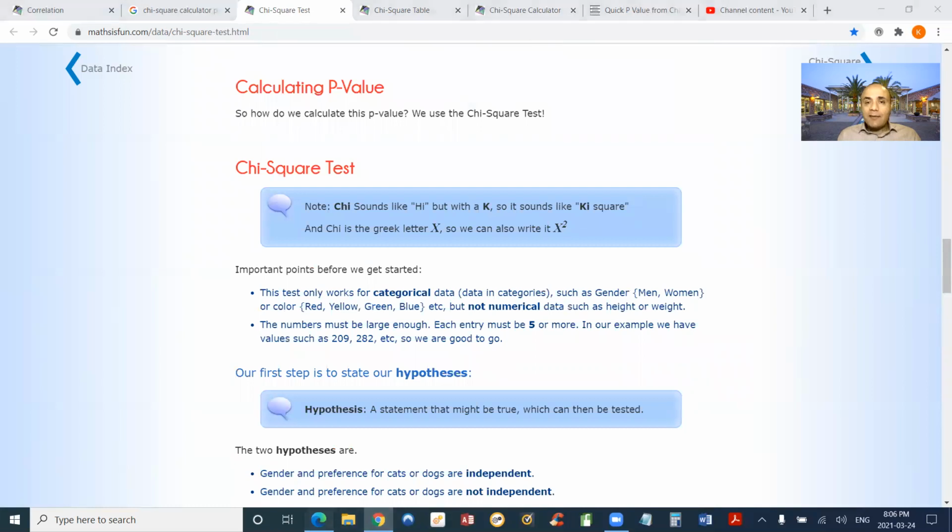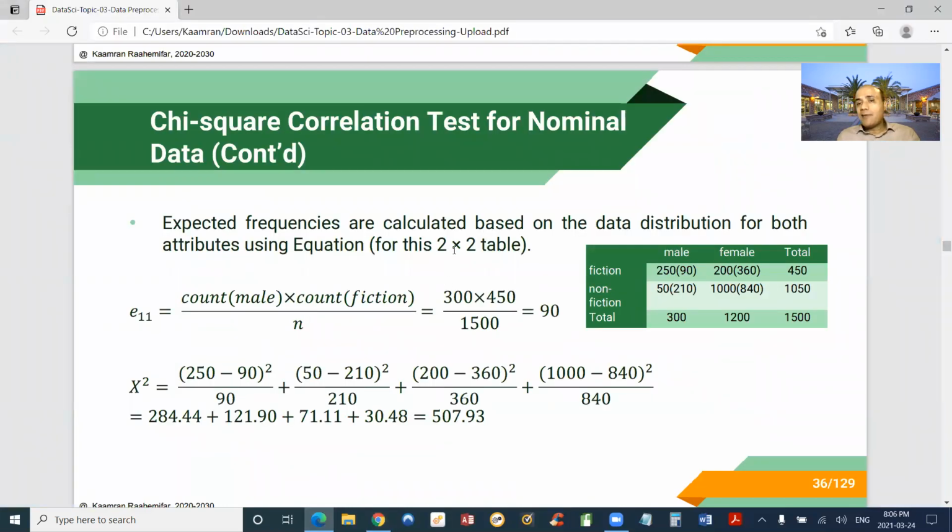Now, going back to my example, this is another example when you could say male and female and fiction and non-fiction books or movies. You could potentially calculate, these are the observed values, 250, 200, 50, and 1000. When you add them up, 250 and 200, that's going to be your 450.